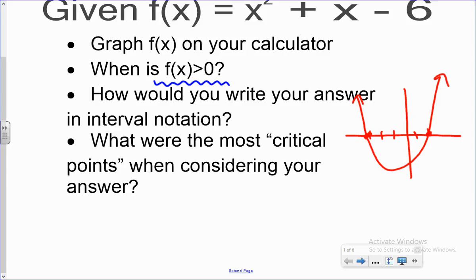The values above the x-axis, right? Okay, so how would we describe that in interval notation? The domain that's above. Yeah, so what is the domain that's above the x-axis over here? Negative infinity to negative 3. Okay, and what about over here?